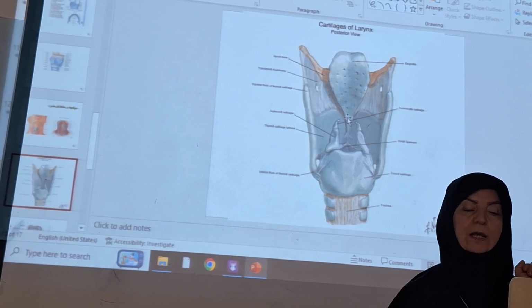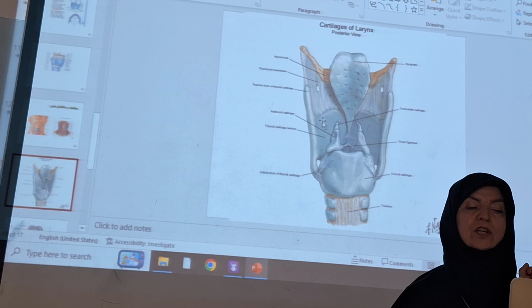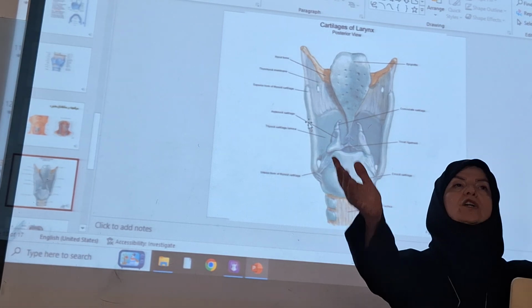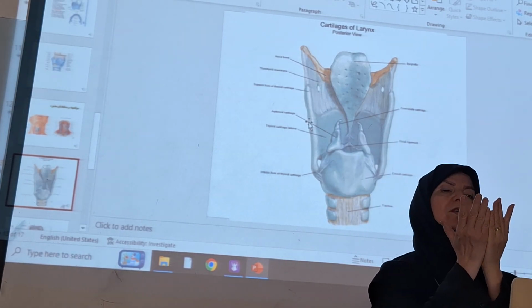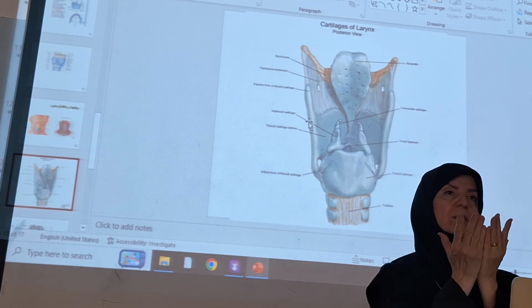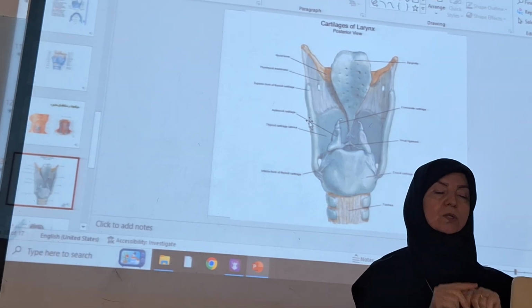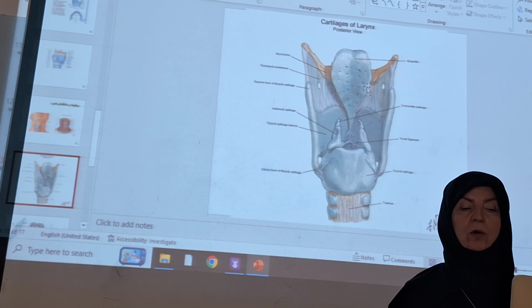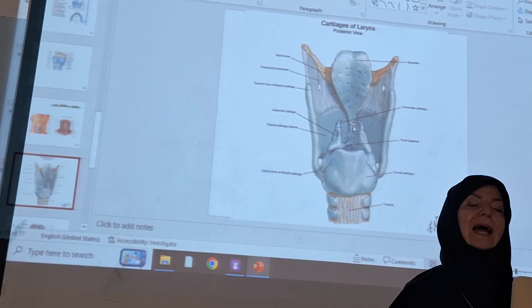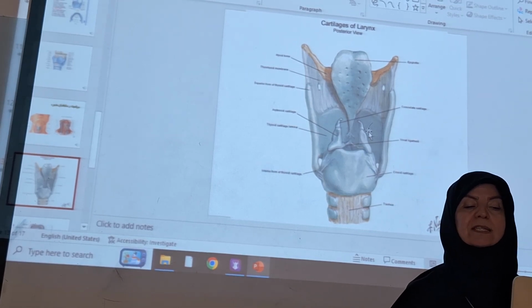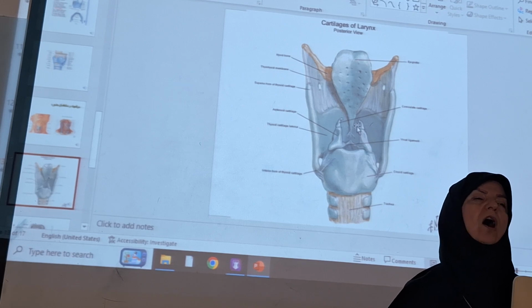The epiglottis inferiorly is going to attach to the thyroid cartilage. To which surface of the thyroid cartilage, anteriorly or posteriorly? Posteriorly. So, inferiorly, the epiglottis is going to get narrow and attach to the posterior surface of the thyroid cartilage.